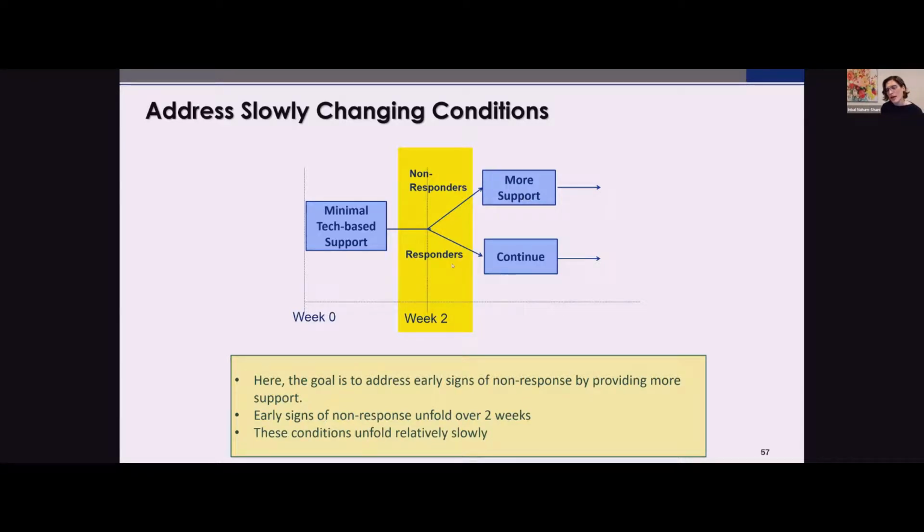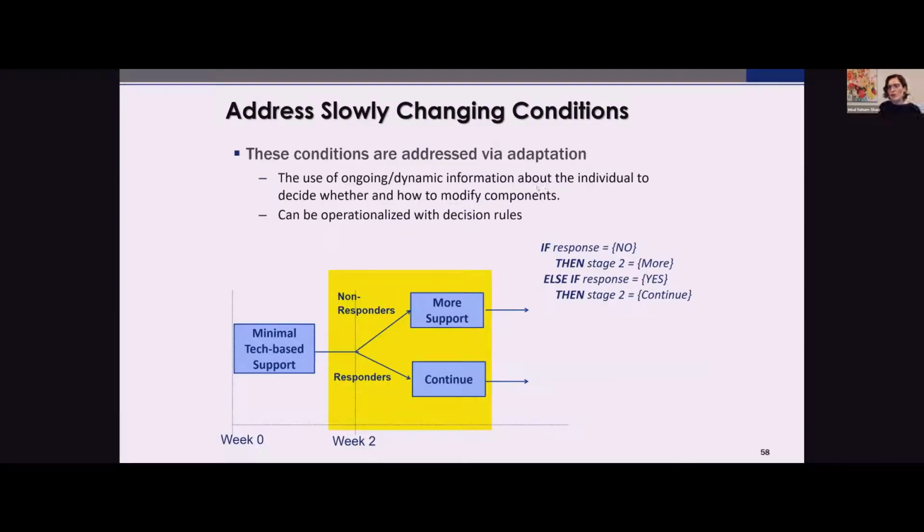So here, this is an example where we're trying to address conditions that unfold relatively slowly, but what I want you to notice is that we're trying to address these conditions by using adaptation, right? What is adaptation? Adaptation is the use of ongoing information about people to decide whether and how to intervene. And here we are providing more support to non-responders because we're trying to address early non-response to an intervention, which unfolds over 2 weeks. I know I sound like a broken record, but this is important, okay?